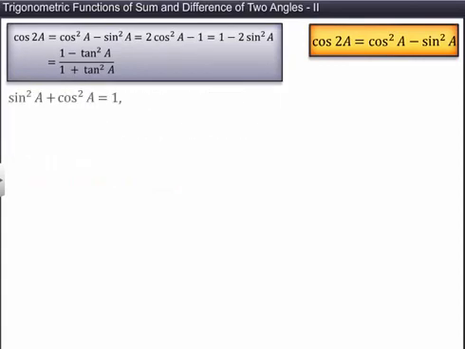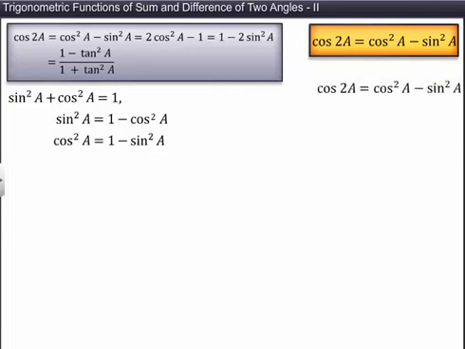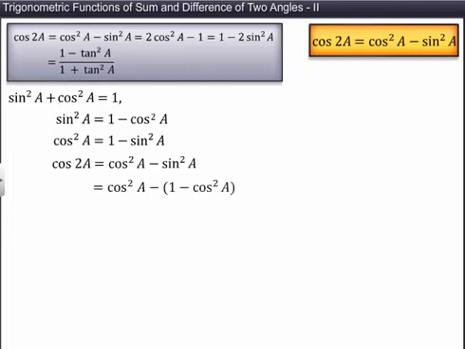We know that sine square A plus cos square A is equal to 1, or sine square A is equal to 1 minus cos square A, or cos square A is equal to 1 minus sine square A. It implies that cos 2A, which is equal to cos square A minus sine square A, can be written as cos square A minus of 1 minus cos square A, or 2 cos square A minus 1.